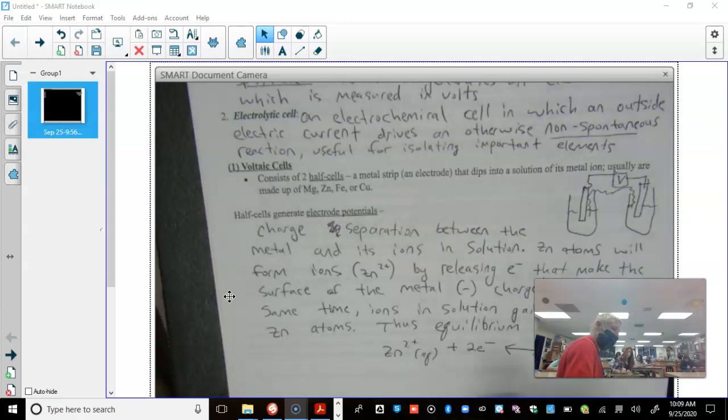There's a back and forth. Here's the equilibrium. Depending upon the value of the electrode potential will determine whether it'll be favored to the left or to the right.